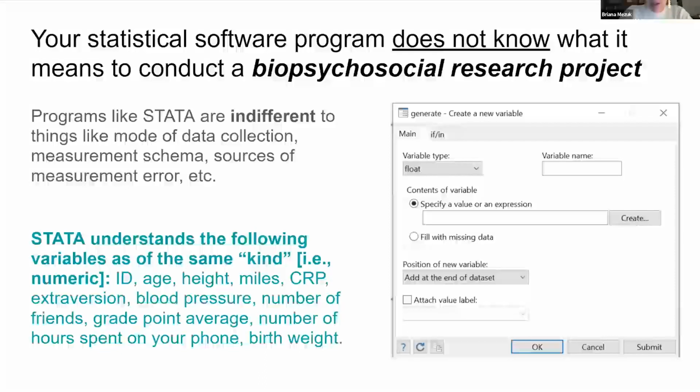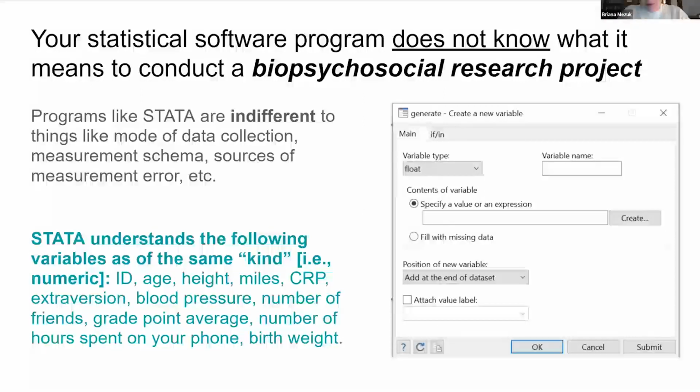That is, they are all numeric variables: the ID variable in your data, age, height, miles, C-reactive protein, extroversion, blood pressure, number of friends, grade point average, number of hours spent on your phone, and birth weight, right? All of those variables to Stata are numeric variables, period.